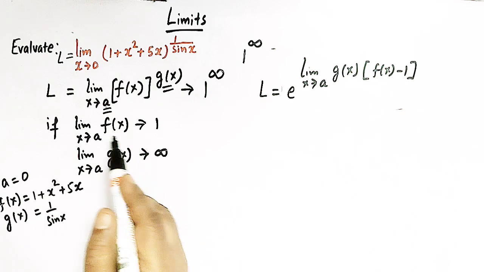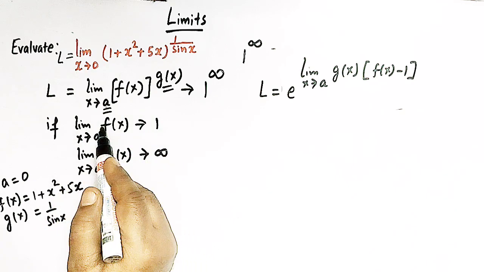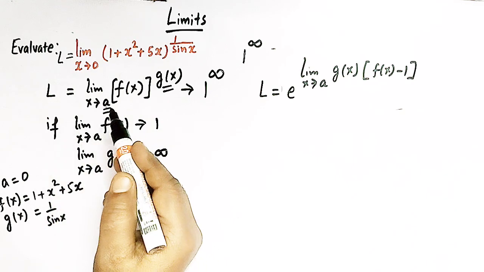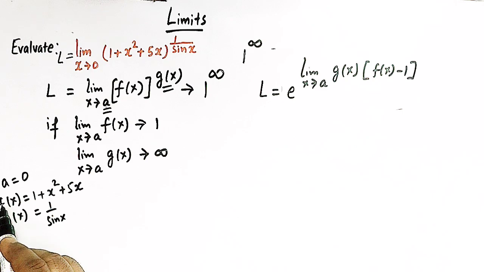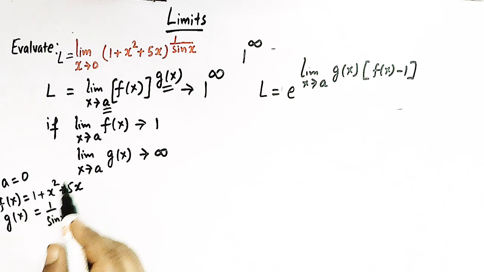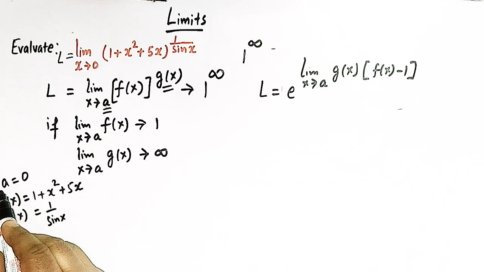So let us first see whether these two conditions are satisfied by these two functions, f of x and g of x, when x tends to a, that is when x tends to 0, right?